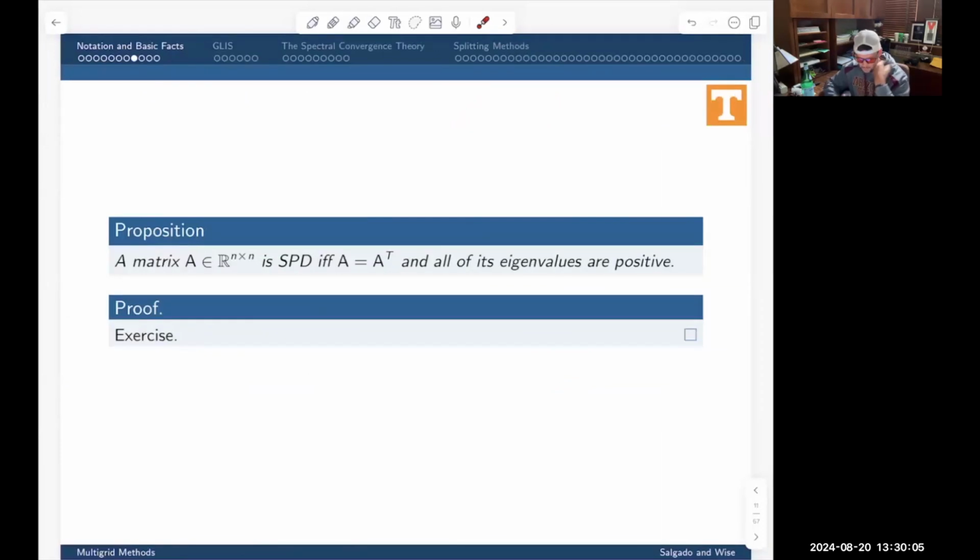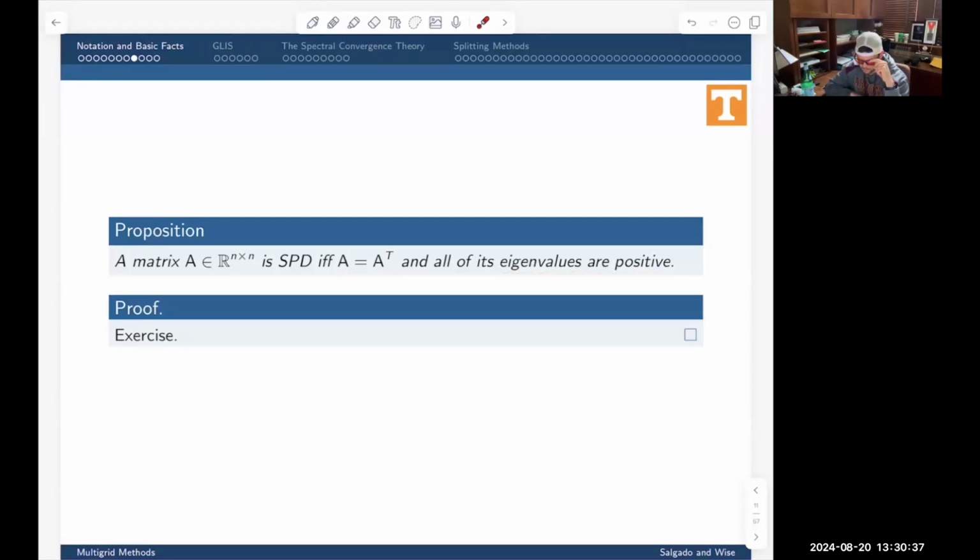Okay, so a matrix is SPD, symmetric positive definite. Remember that meant that we had symmetry with respect to the inner product and positivity with respect to the inner product. And of course, now we know that symmetry with respect to the Euclidean inner product means A transpose is equal to A. So a matrix is SPD if and only if it's symmetric in the standard sense, and all of its eigenvalues are positive.